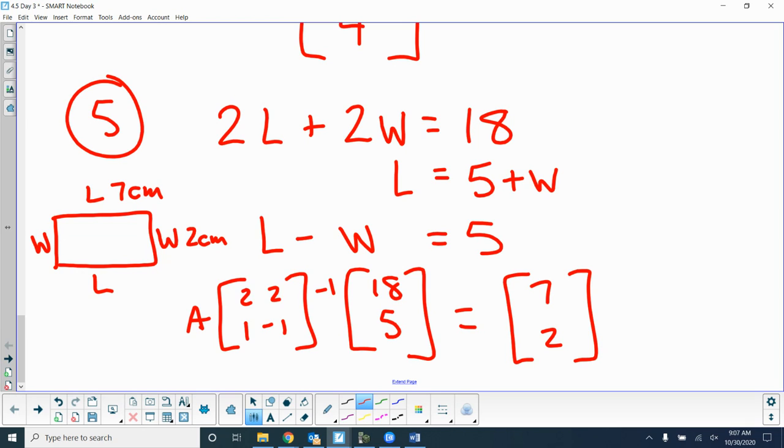For number 7, the 45%, we have 4 kilograms, and the 70% is 6 kilograms, for a total of 10. Number 8, there's 12 $1 bills, 9 $5 bills, and 3 $10 bills.